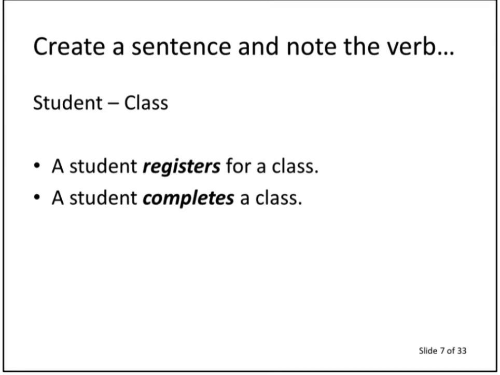In contrast, it could be that you'd want to track when a student completes a class. A student might register for a class several times before they were actually able to complete the class. And maybe we want to track that, or maybe the organization only cares about whether the student completes a class.